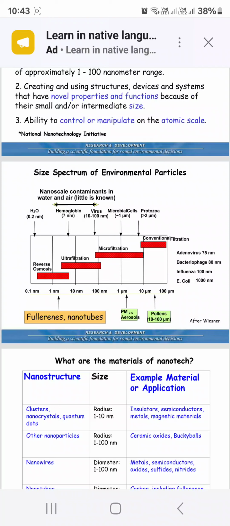For example, water is 0.2 nanometer, hemoglobin is 7 nanometer, DNA is about 1 nanometer, viruses are in the range of 10 to 100 nanometers, a microbial cell is more than 100 nanometers, and proteins and nucleotides are all in the range of 1 to 10 or 20 nanometers.